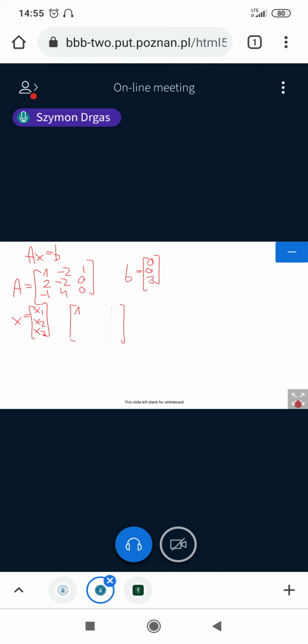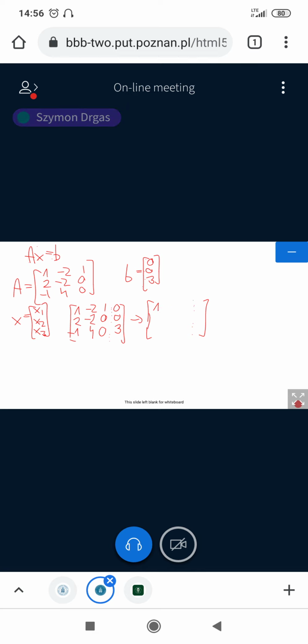So the first 3 columns are the columns of matrix A. And we can do this Gauss or Gauss-Jordan method by using only these coefficients. So actually what we did last time, but we just used this compact notation.